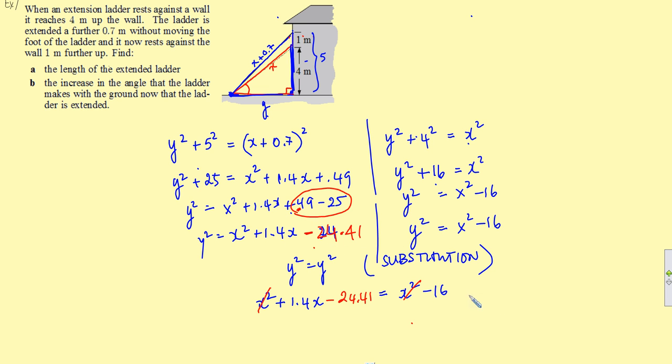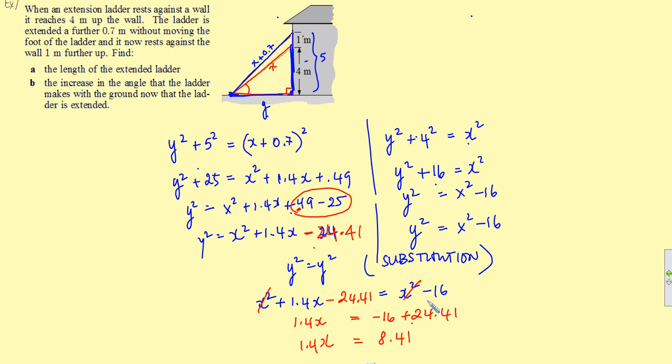Now, making the two equations equal to each other, I get 1.4x is equal to negative 16 plus 24.41. Subtracting 16 from that will give me 1.4x equaling 8.41.